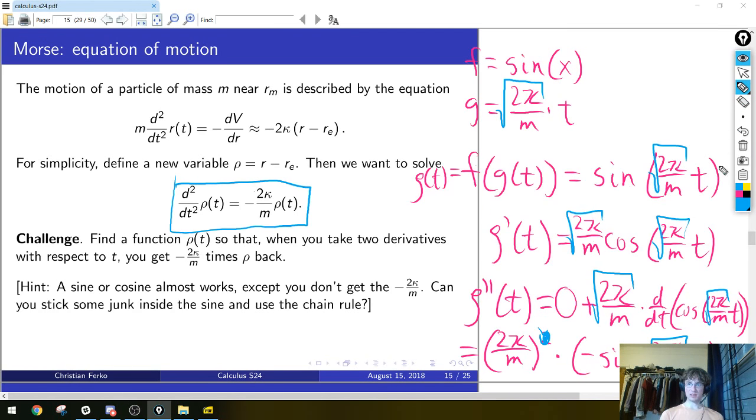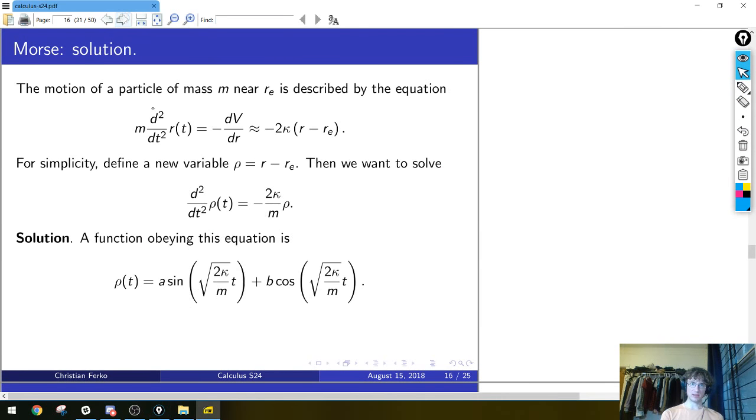Good. Okay, so this slide is a mess. Let me show you one more time more cleanly and then see if there are questions. As we said, I claim that if you take either a sine or a cosine or any combination of sines and cosines with coefficients a and b, then this function will satisfy this equation.